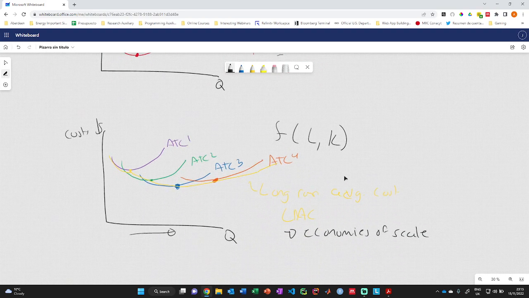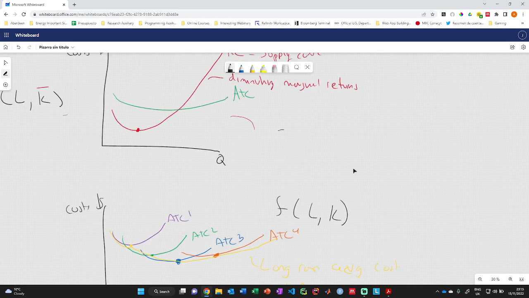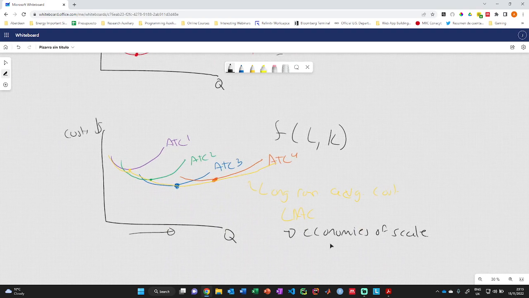As we increase production, you can see here how costs decrease, but then there's a point, for example, after we go to EC3, that as we increase production, costs go up. So this is the same idea as diminishing marginal returns. Just that in the long run, we call this economies of scale.